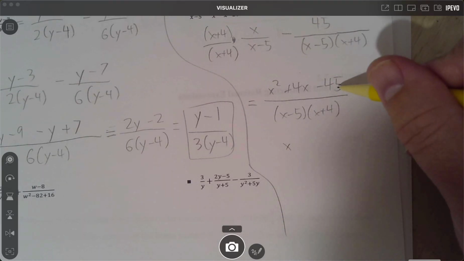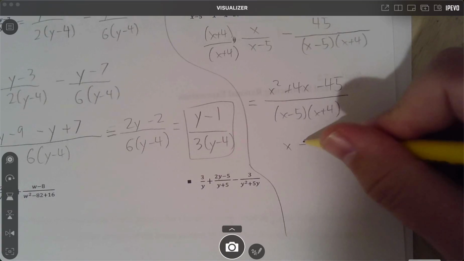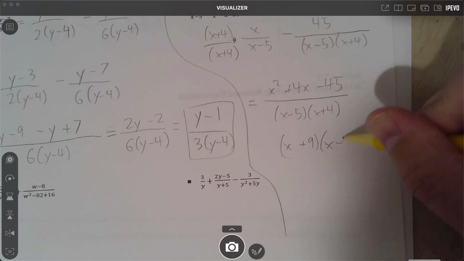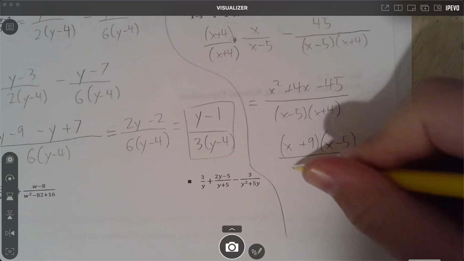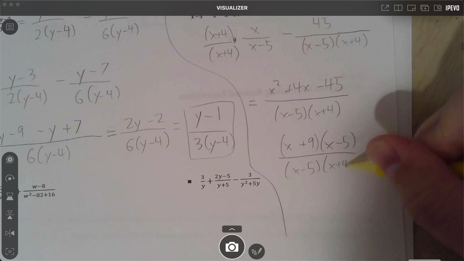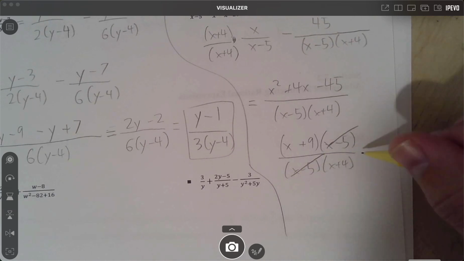There are factors of 45 that subtract to 4. It's positive 9 and negative 5. So they cancel. And so we have x plus 9 over x plus 4.